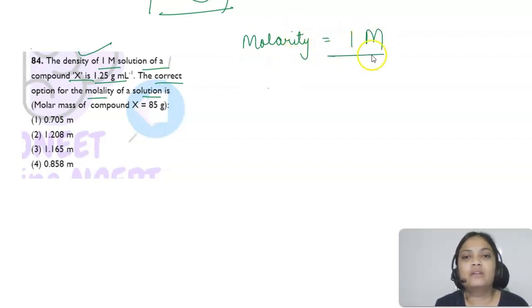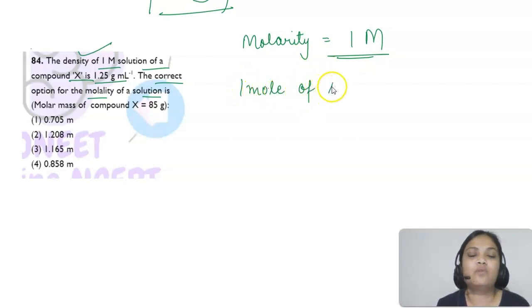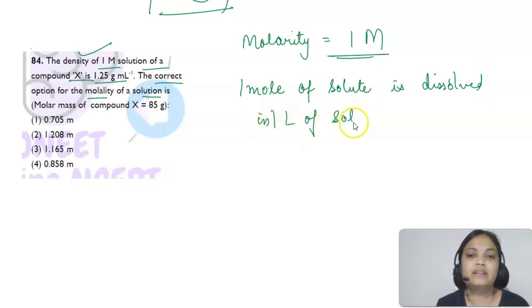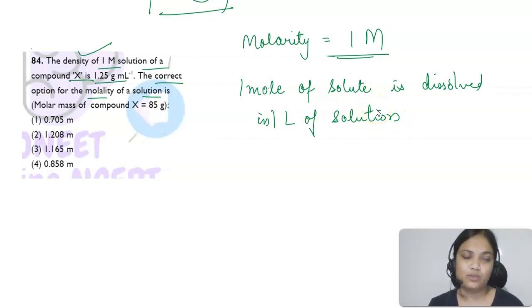Okay, so what does 1 molar solution mean, students? 1 molar solution means that 1 mole of solute is dissolved in 1 liter of solution, right? That is what molarity is, na, number of moles of solute per liter of solution. So if it's 1 molar, so means 1 mole of solute is there.